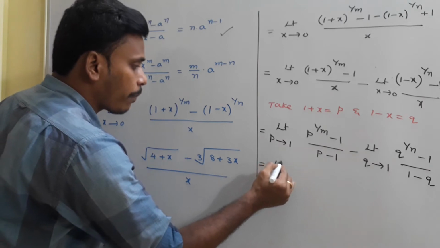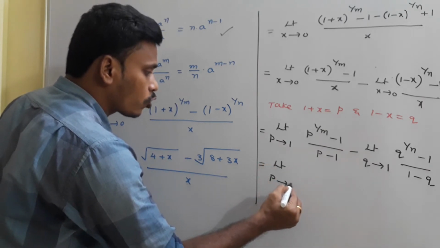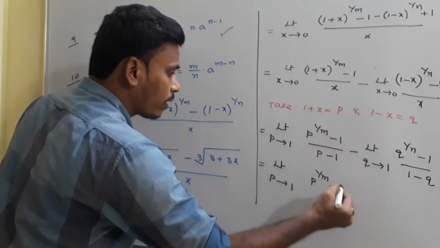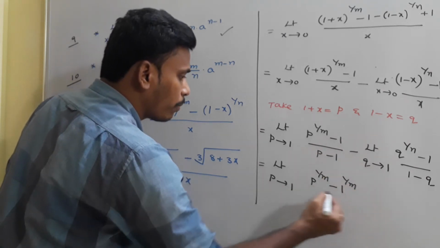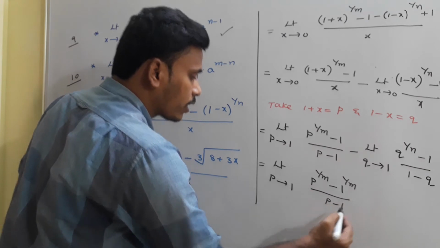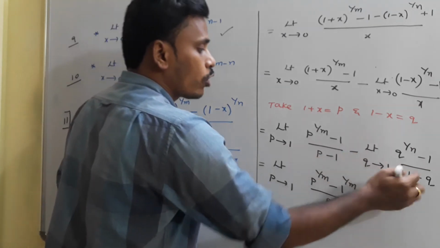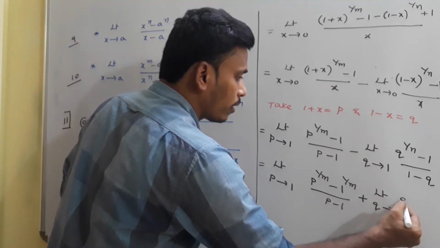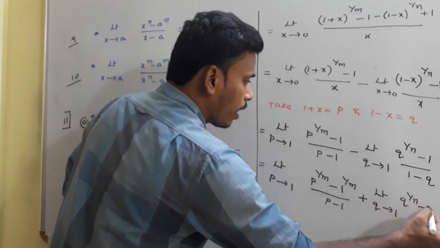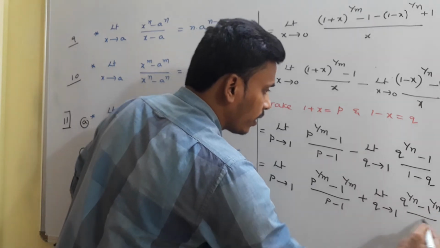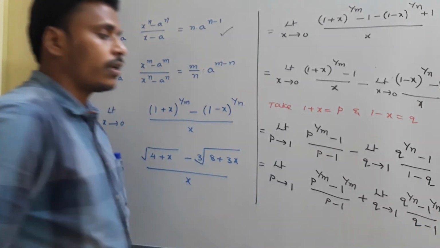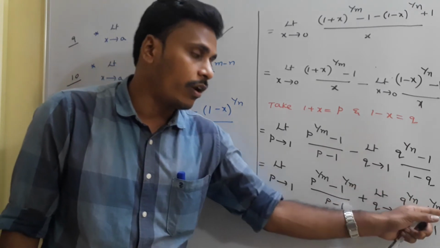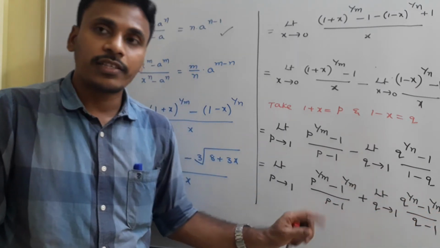So in the next step, limit p tends to 1, the numerator is p power 1 by m minus 1, and this 1 can be written as 1 power 1 by m, divided by p minus 1. And give this minus to the denominator, it will become plus. Limit q tends to 1, q power 1 by n minus 1 power 1 by n divided by q minus 1. In the numerator I rewrote that 1 as 1 power 1 by m, 1 power 1 by n. The denominator is as it is.